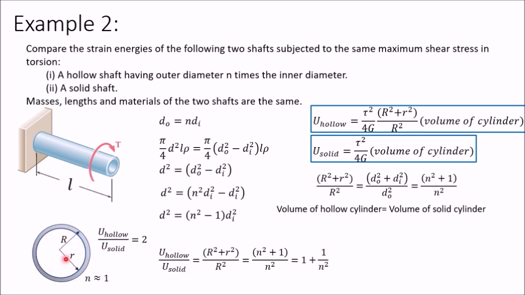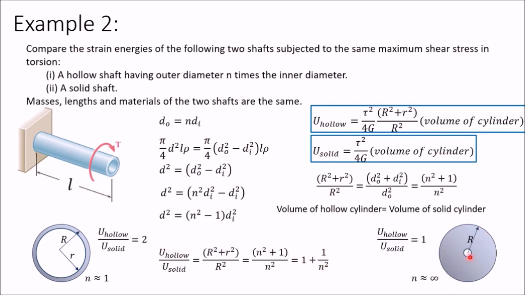In this hollow shaft, if inside radius and outside radius are almost equal, that means when this cylinder is very thin cylinder, in that case both radii will be almost same, so n will be almost equal to 1. Strain energy of hollow cylinder will be twice that of strain energy of solid cylinder. Why? Because when you put value of n equal to 1 here, it will become 1 plus 1, 2.